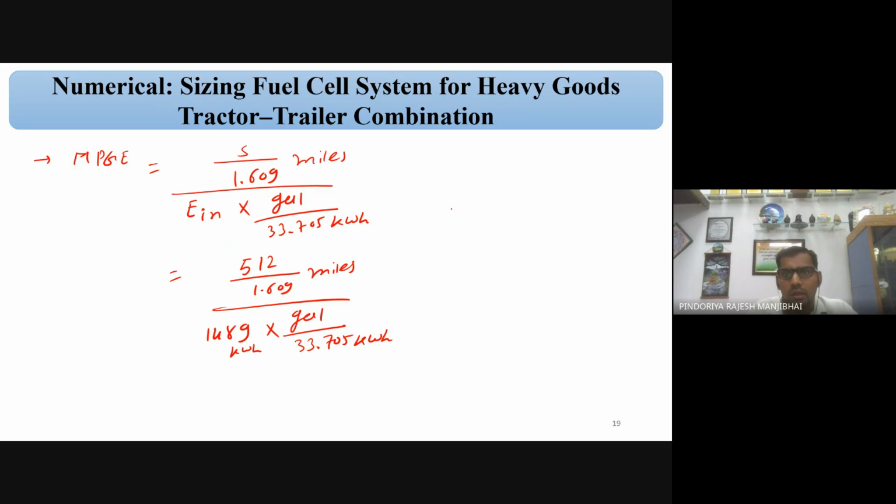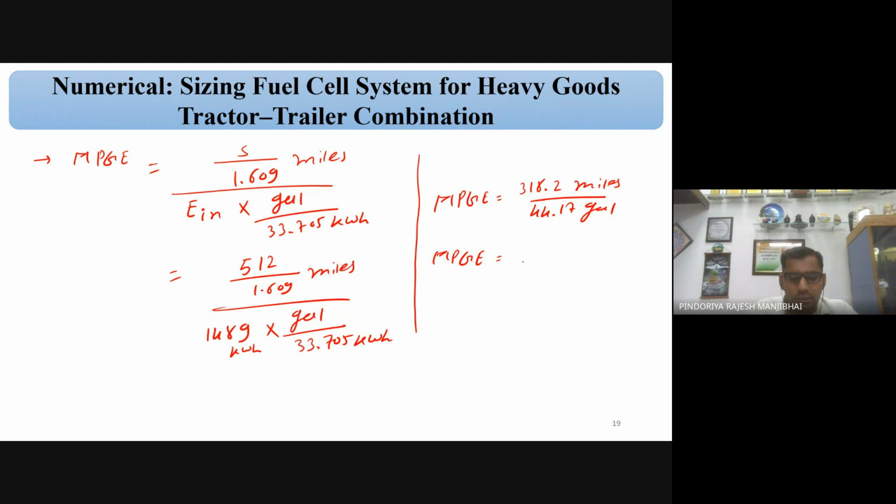So finally, MPGE is equal to, so this MPGE formula I did not derive in the previous class as well as this class, correct? So please remember this formula.